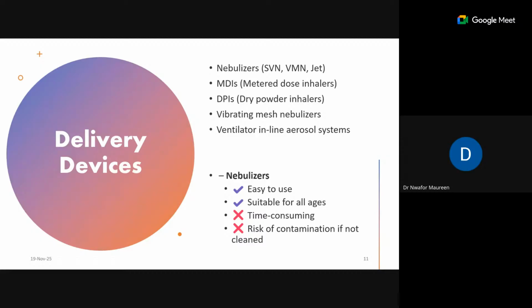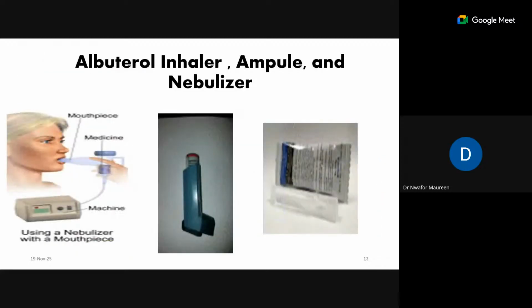These are the devices we can use to deliver such aerosolized medications directly into our patients' respiratory tracts. Why do you prefer a nebulizer? They're very easy to use and stable for all agents, but they are time consuming, and there's a risk of contamination if not cleaned.